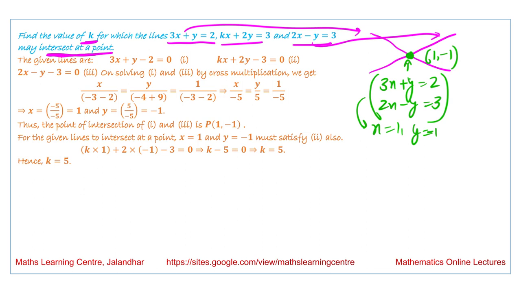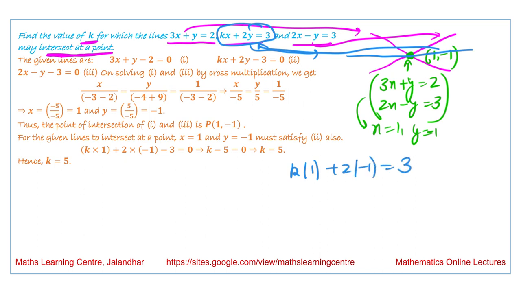Now this third line is also passing through this point. So this point should satisfy this equation. So we get k into 1 plus 2 into minus 1 is equal to 3. So this implies k is equal to 5. So this is the required value of k.